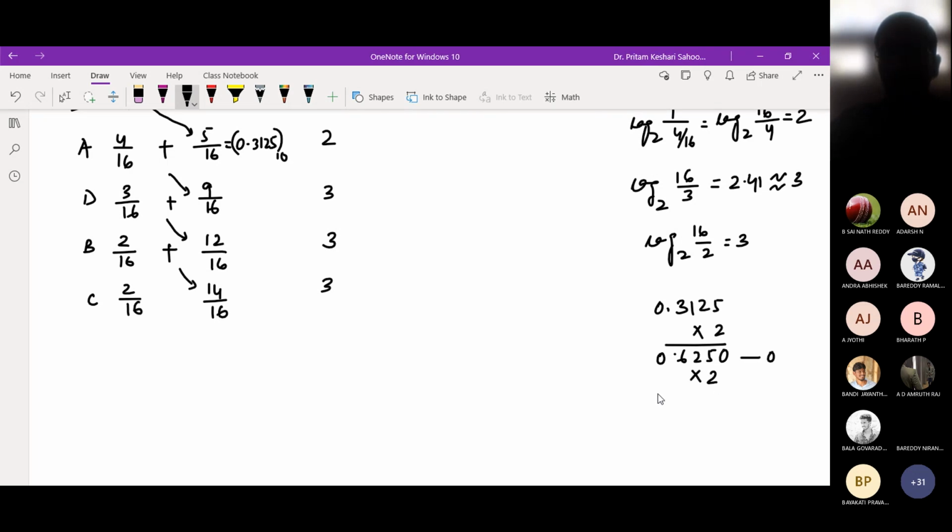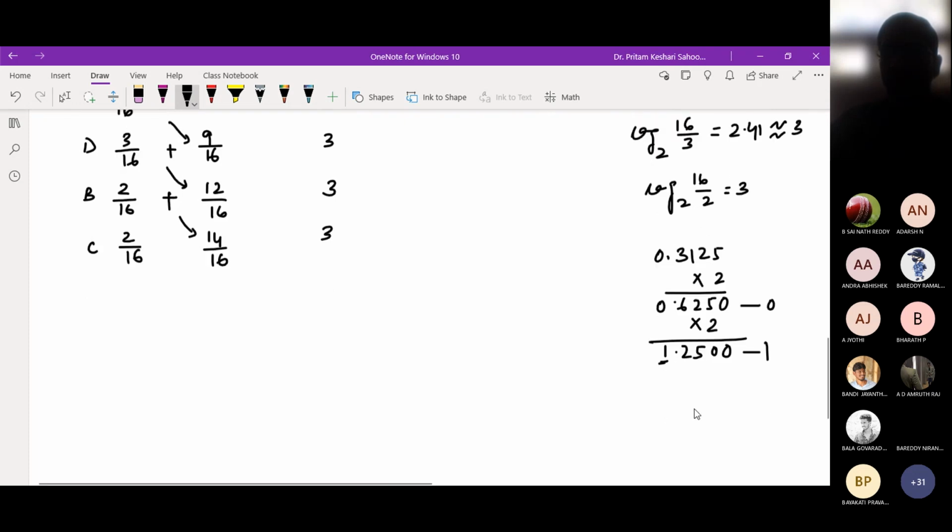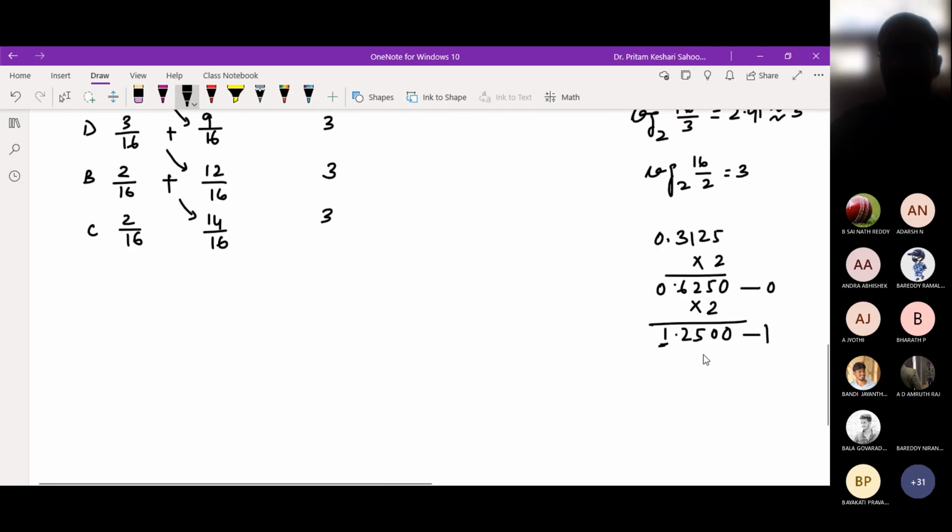Again, you multiply this by 2. So it will be 1.25. The integer value here is 1. Okay, so now again you multiply by 2.